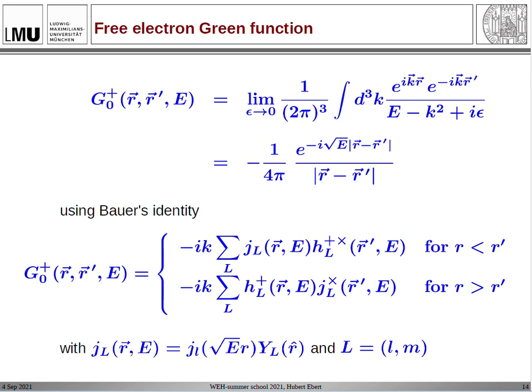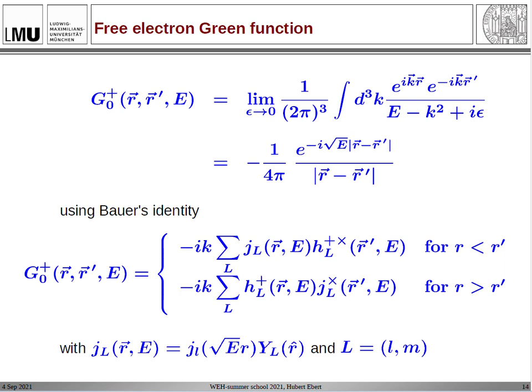And this can be solved exactly, and then you are led to the expression you have seen already this morning. That is nothing else, as we already heard, as outgoing spherical waves. So if you want, plane waves, depending on R, going out from R prime. As we want to deal with all and everything later on, making use of our angular momentum expansion, we should replace that expression accordingly. And this can be done straightforwardly by making use of Bauer's identity.